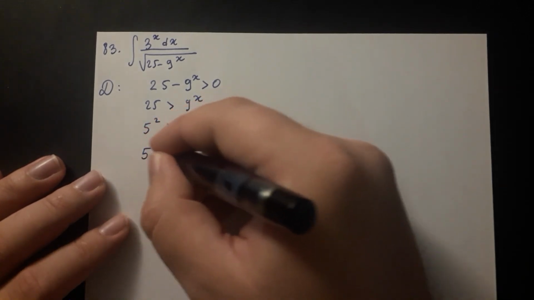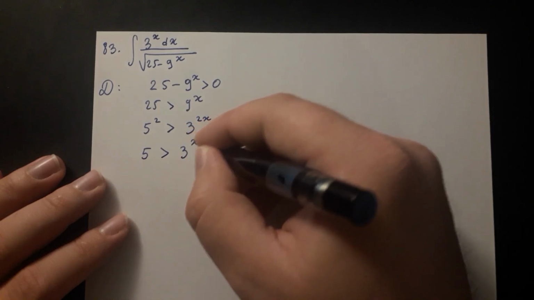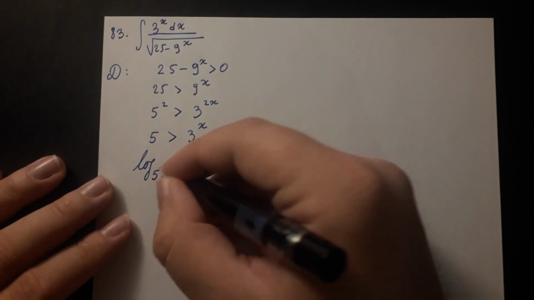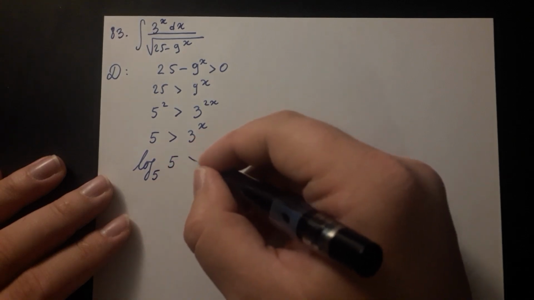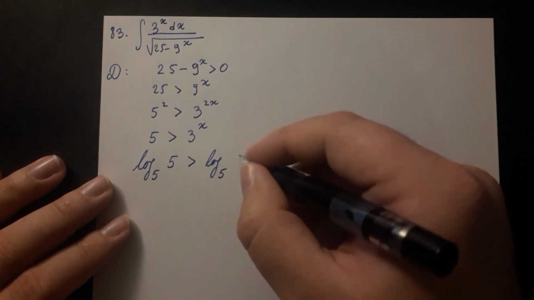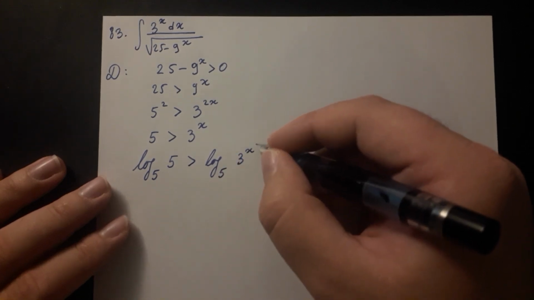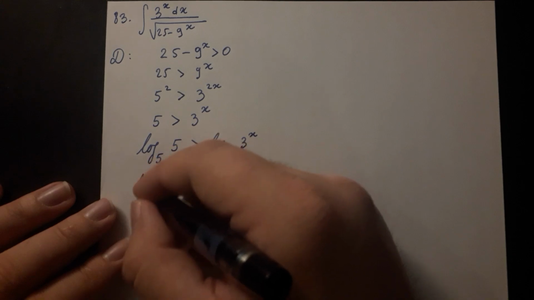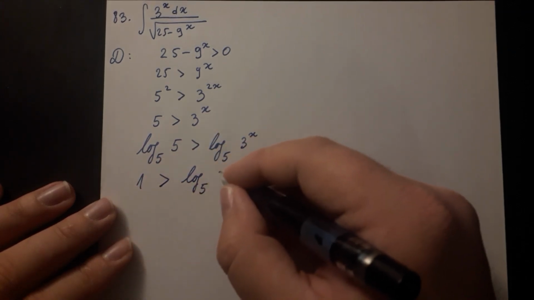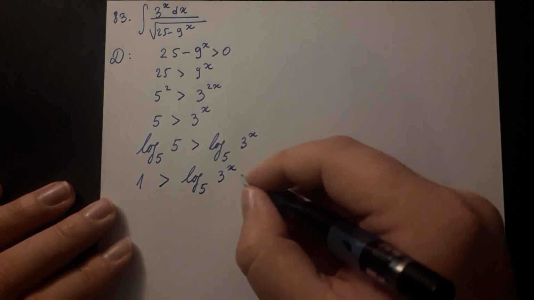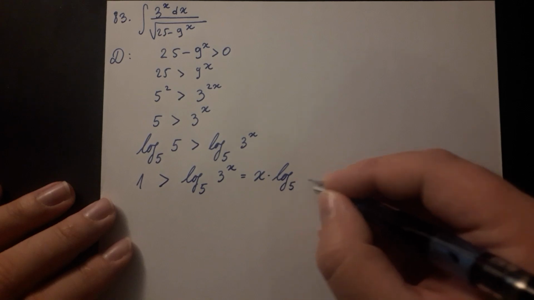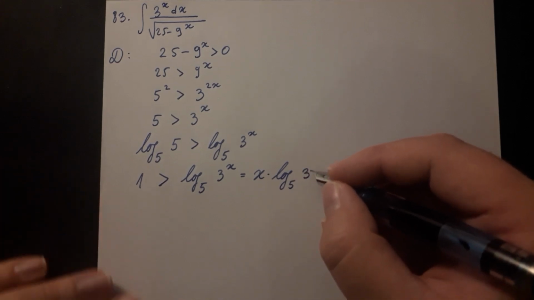Well, that makes 5 larger than 3 to the power x. Well, that means that log to the base 5 of 5 is strictly larger than log to the base 5 of 3 to the power x. Well, that makes 1 to be larger than log to the base 5 of 3 to the power x, which is equal to x times log to the base 5 of 3.